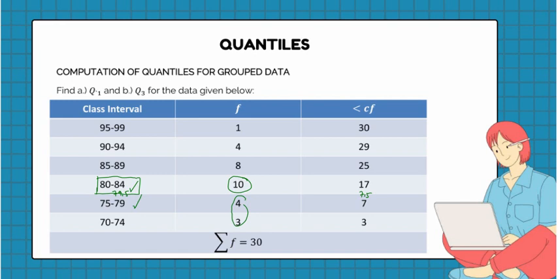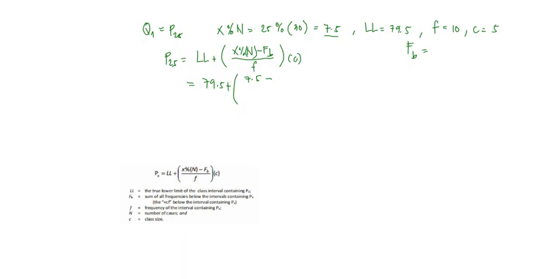That's 75 to 79, 70 to 74. So, we add up all the frequencies here. That is going to be 7. And then, you just have to substitute that value here as well, and then divide by 10 times 5. So, it's going to be now 79.5 plus 0.5 divided by 10 times 5.